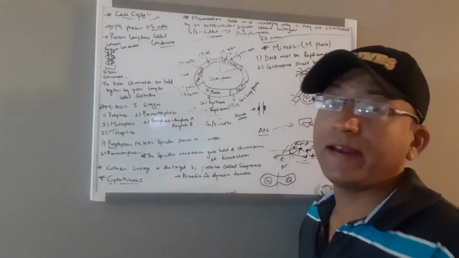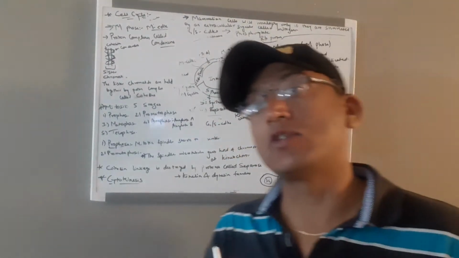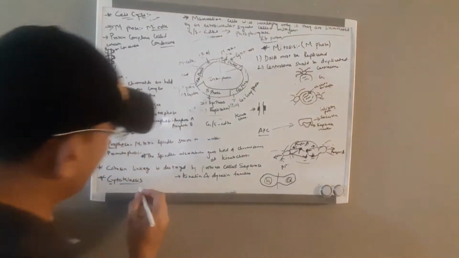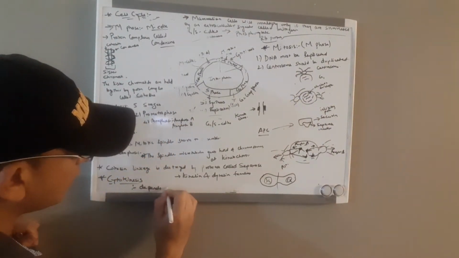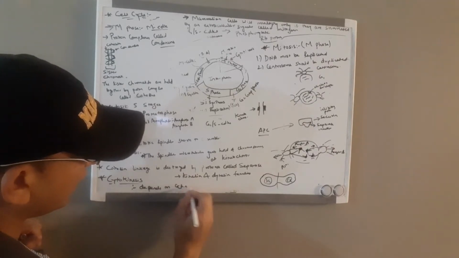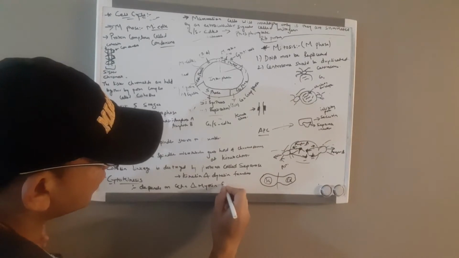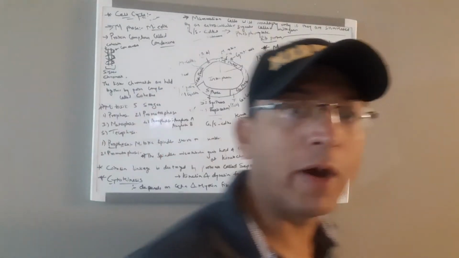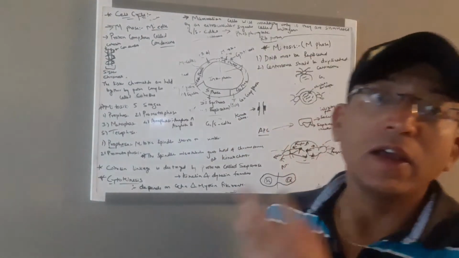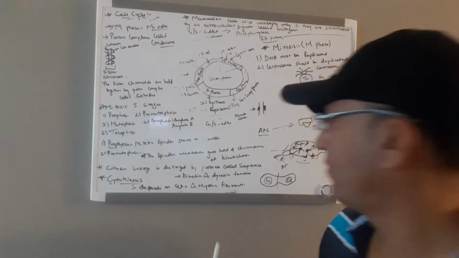Whereas cytokinesis in animal cells depends on a transient structure based on actin and myosin filaments. So cytokinesis depends on actin and myosin filaments, and these make the contractile ring.